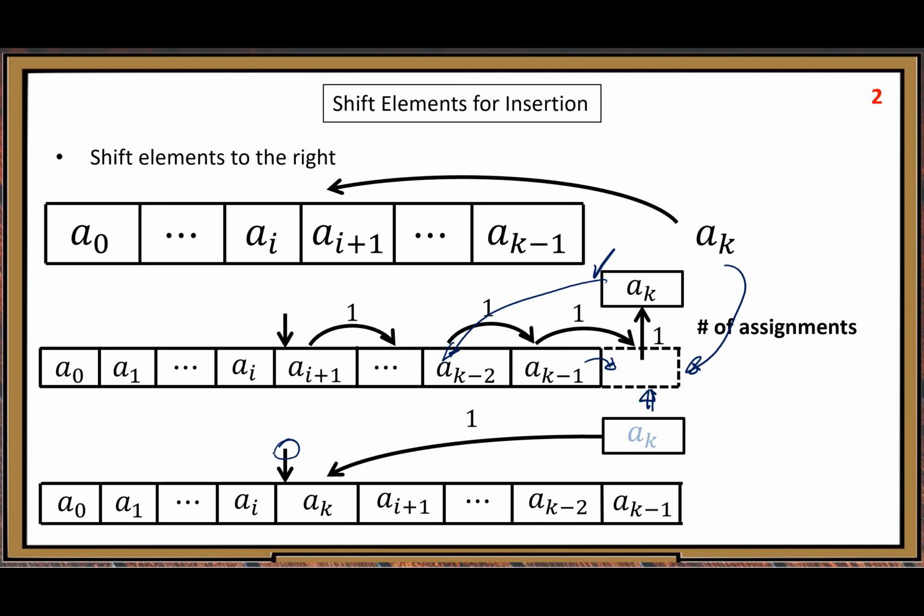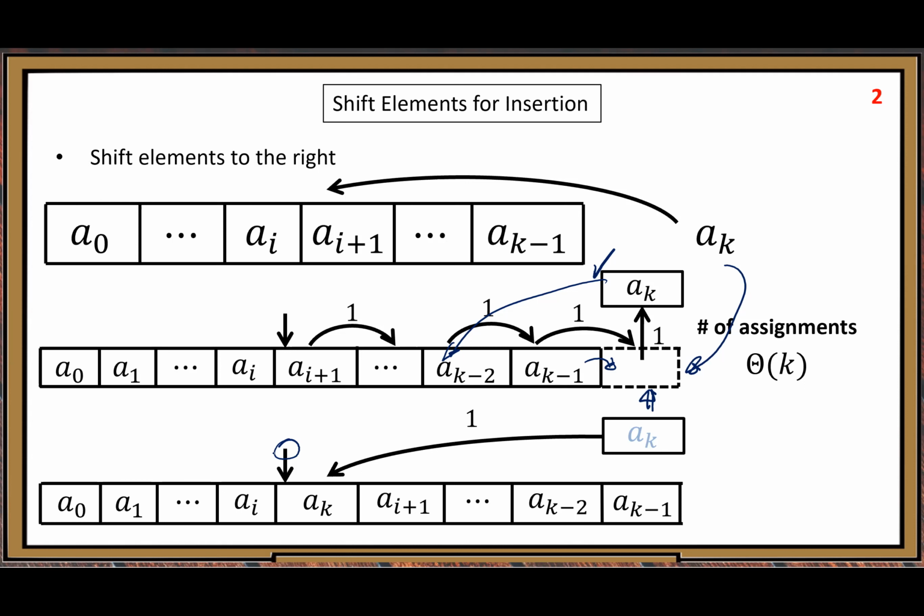Number of assignments. If we use asymptotic notation, big theta of K. You can consider the upper bound and the lower bound. Big theta of K, we usually use it to describe the average case, because the best case is one comparison and the worst case is K comparisons.